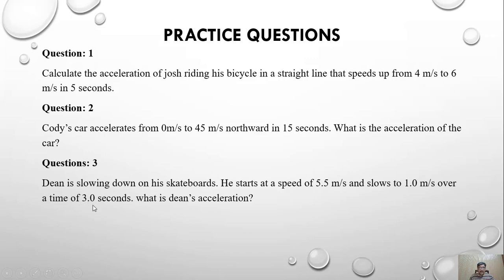Then when you divide that change in velocity by time, you will have an acceleration with a negative sign, and a negative sign represents deceleration because Dean is slowing down on his skateboard. Hope it is clear what is asked in these questions.